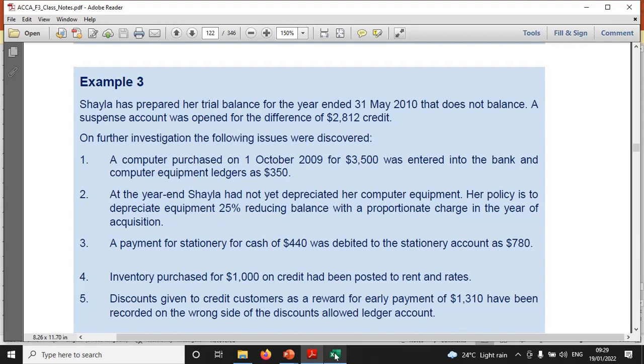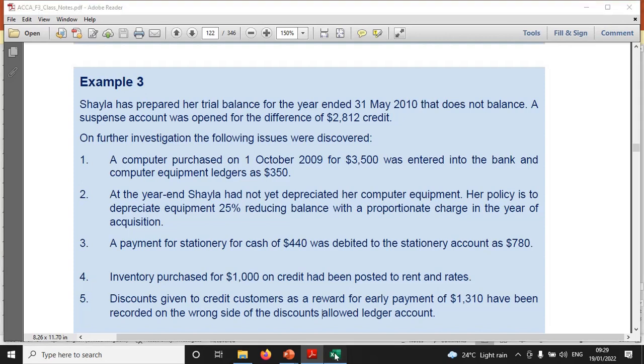What is wrong? The stationery has been overstated, isn't it? By how much? Find the difference, please. Stationery expense has been overstated by 340, right? So what do we do? We reduce the stationery expense by 340, and then suspense automatically, you debit.